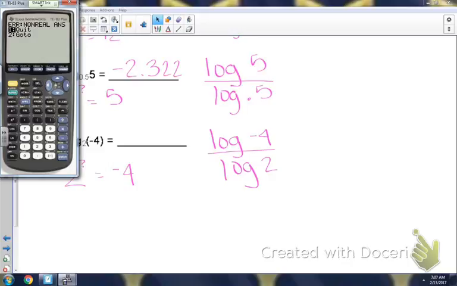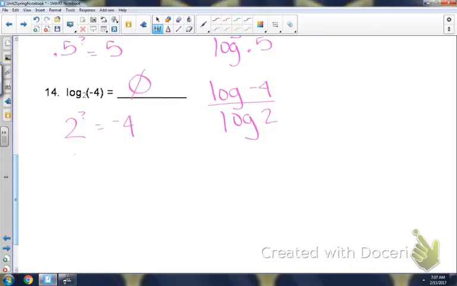Notice it says non-real answer. We're going to write no solution there because we cannot raise 2 to any power to give us a negative number. Also, the base of your log can never be negative. So if it is, you know automatically there's no solution.